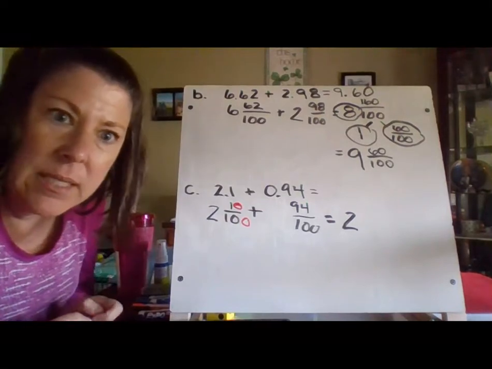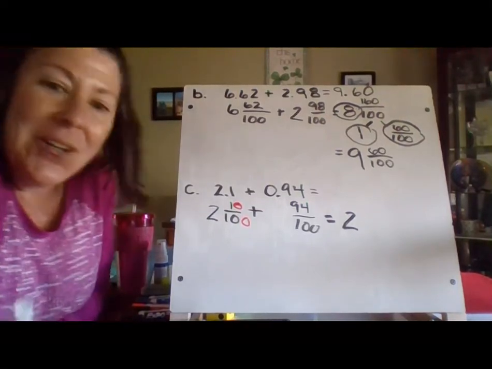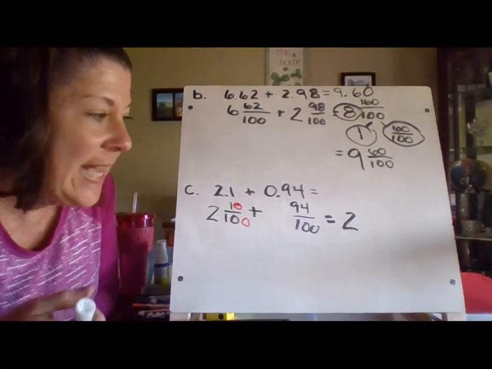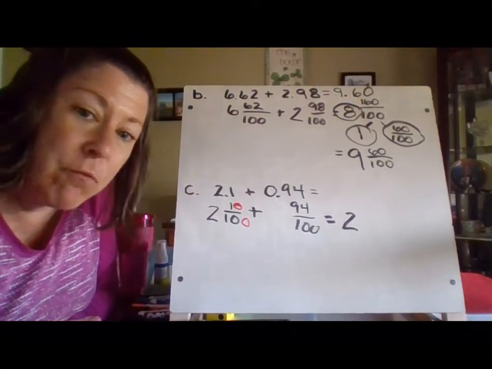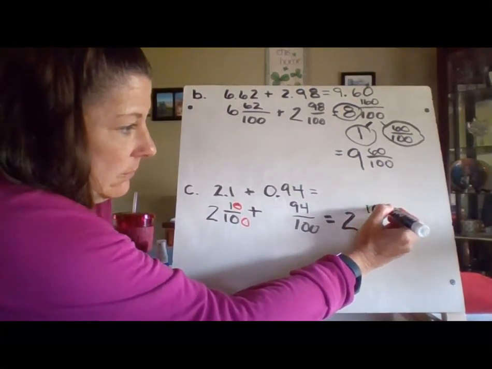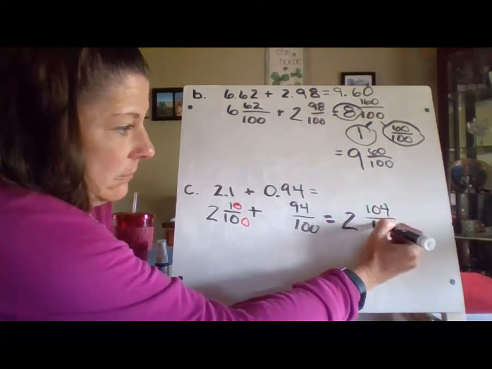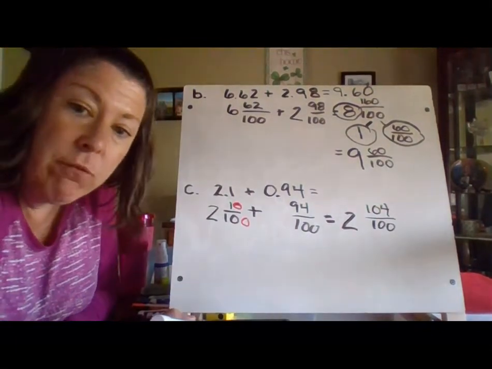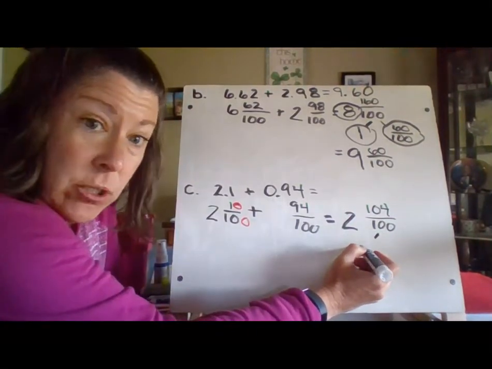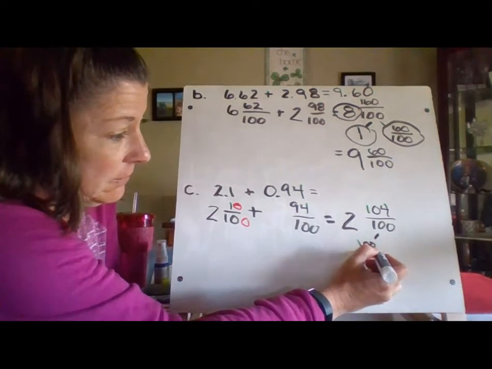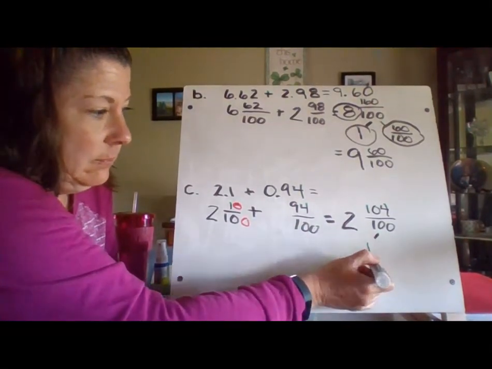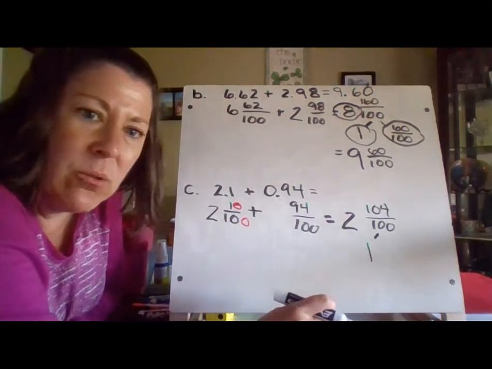I know one of you probably said, wait, Mrs. Forbes. Whew, now it's apples to apples. 10 hundredths plus 94 hundredths is 104 hundredths. I know that 100 of those hundredths is 1 whole. It's easier to write 1 whole than 100 hundredths.